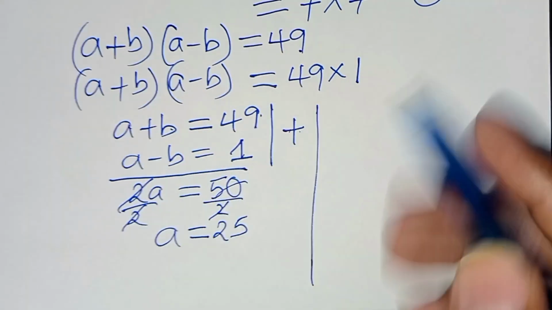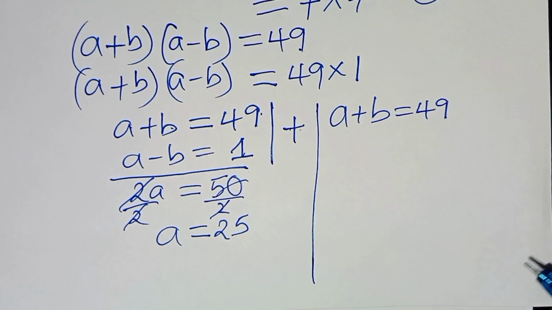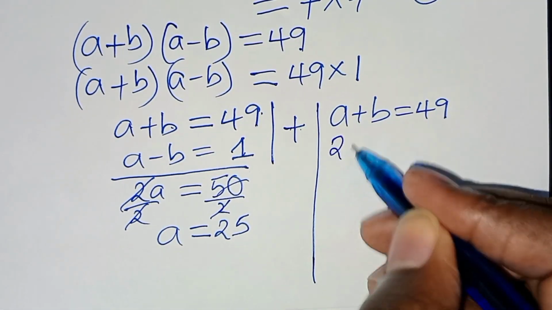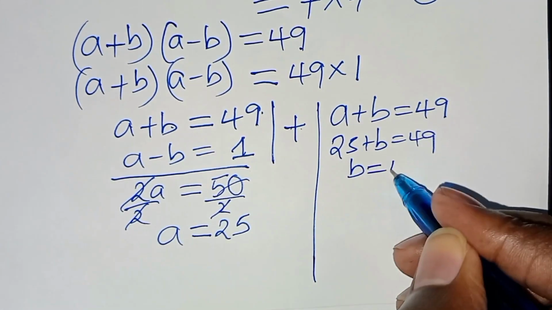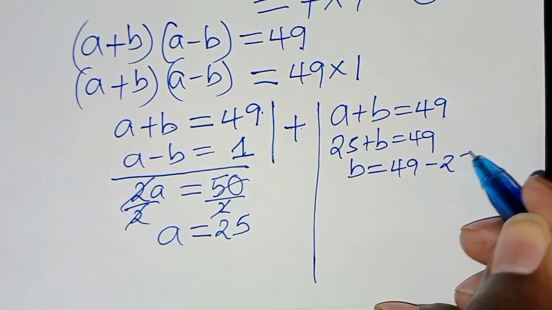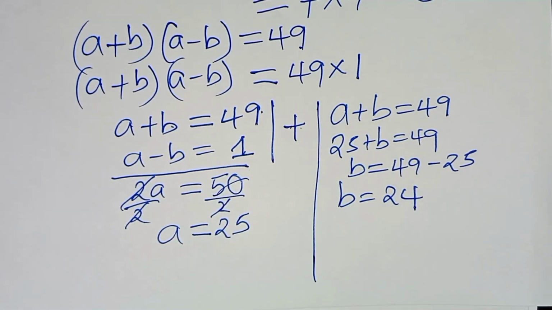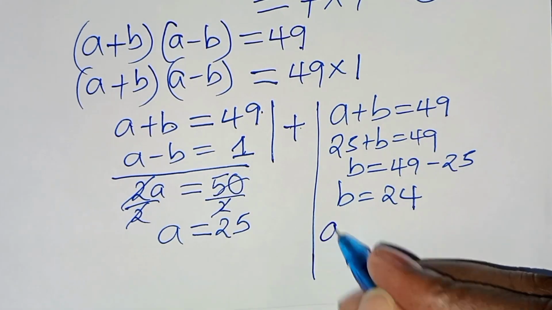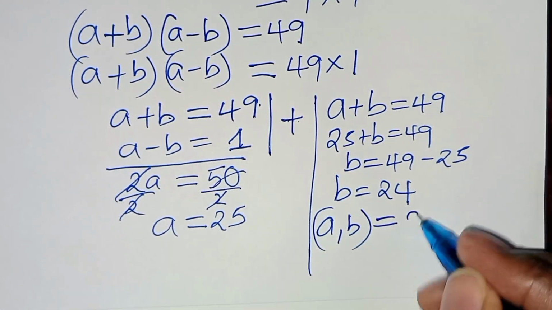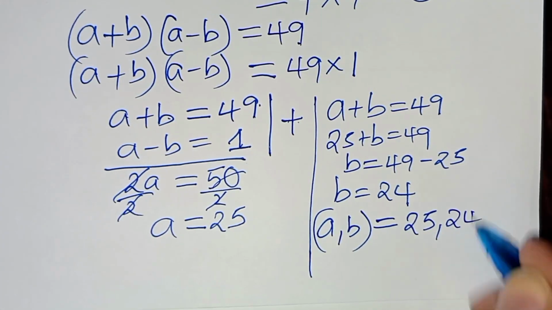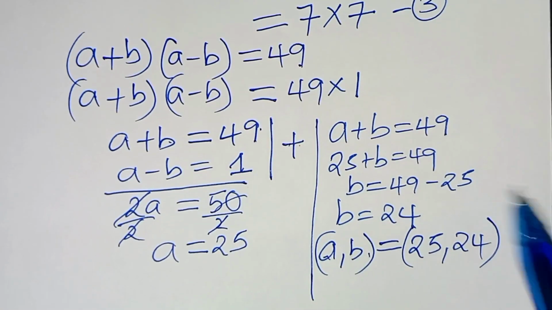Then a plus b is equal to 49, so 25 plus b is equal to 49. So b is equal to 49 minus 25, and b is equal to 24. So we have the first set of a and b as 25 and 24. These are the values of a and b for case 1.